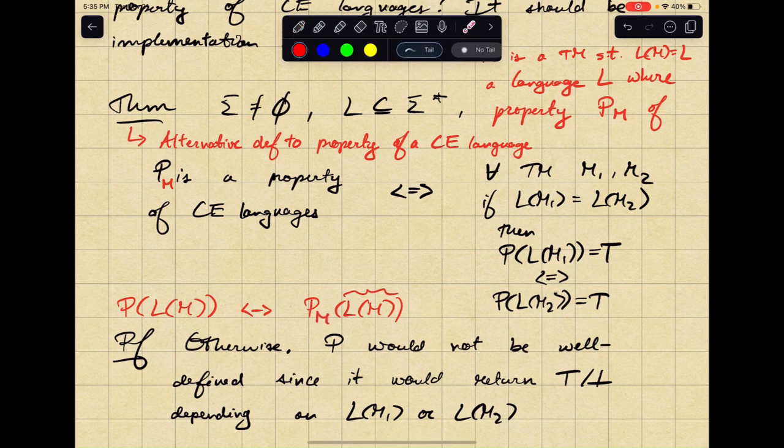So that's really why I was dealing with L of M and not just L, because I was talking about the Turing machine M, which was representing the language L of M. Okay. So of course this is a language, but now M is the Turing machine which accepts or represents that language.